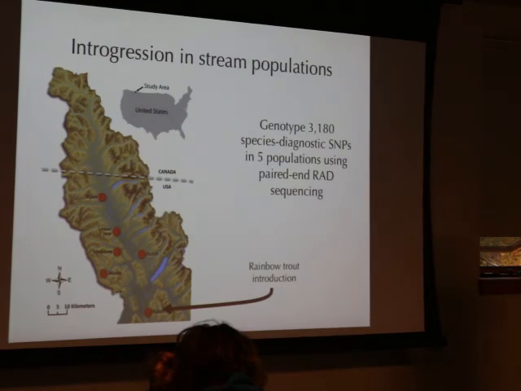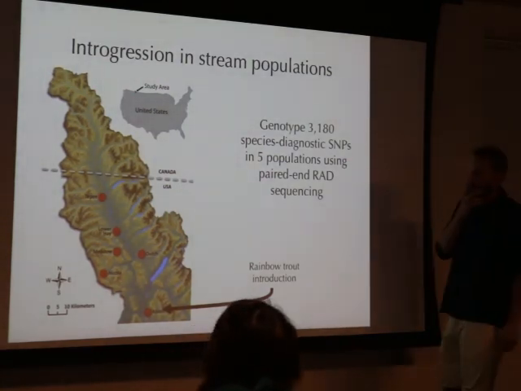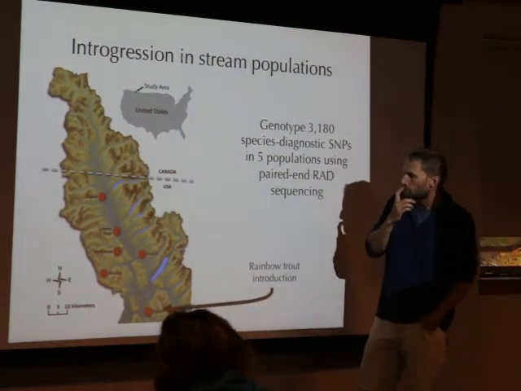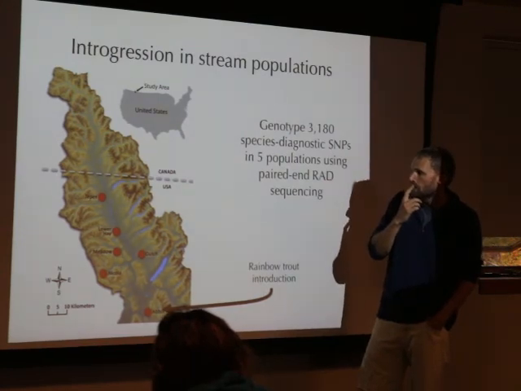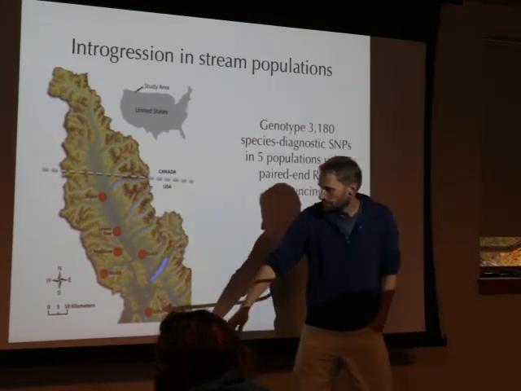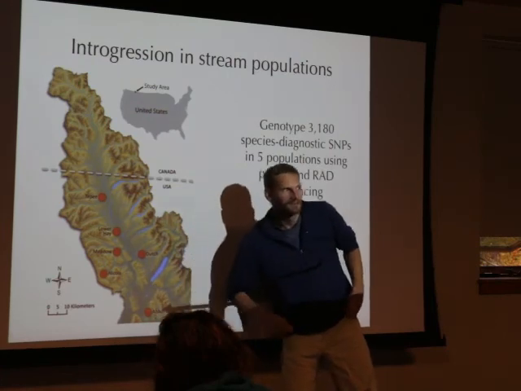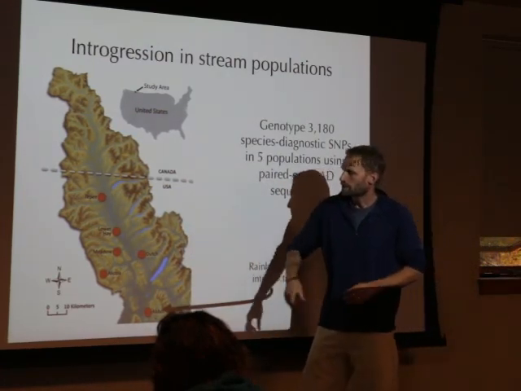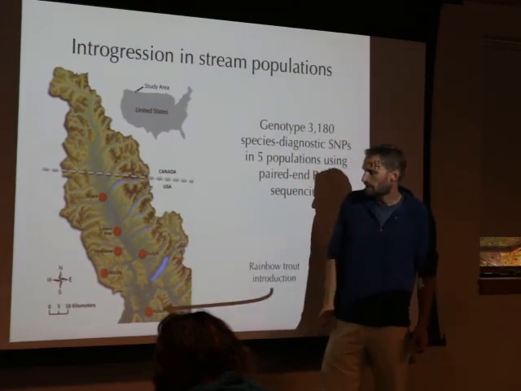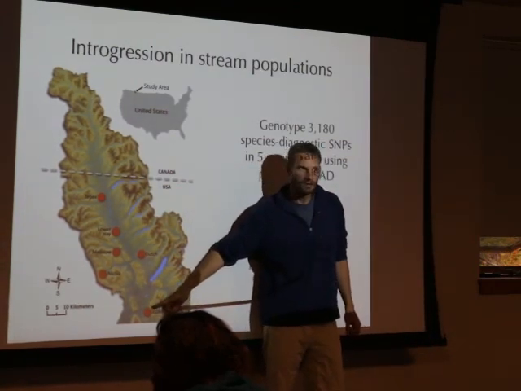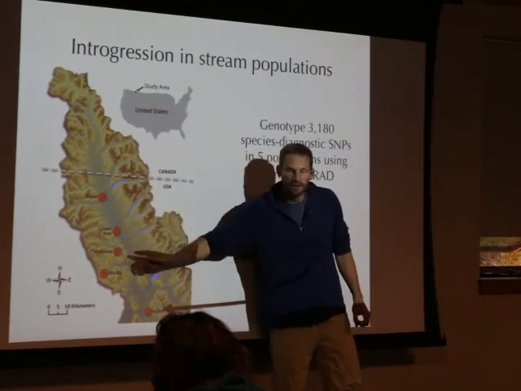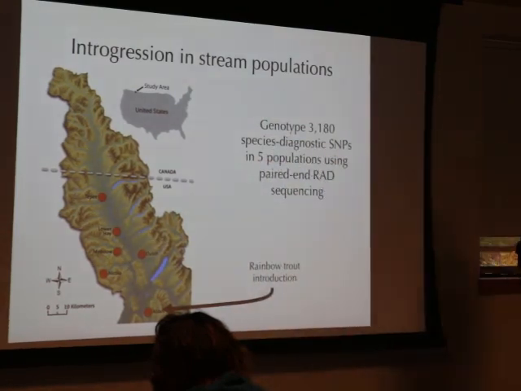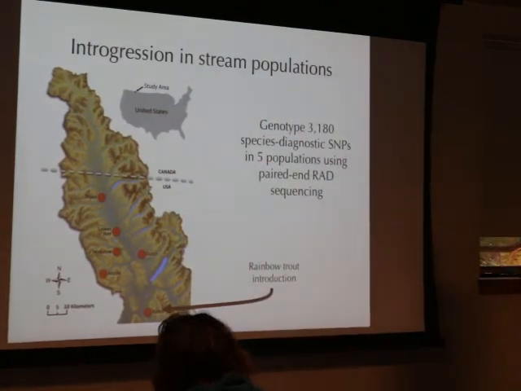Skip forward. The basic idea here is, this is the North Fork of the Flathead River Basin. Rainbow trout were introduced here. We have samples from these populations and looked at patterns of introgression.